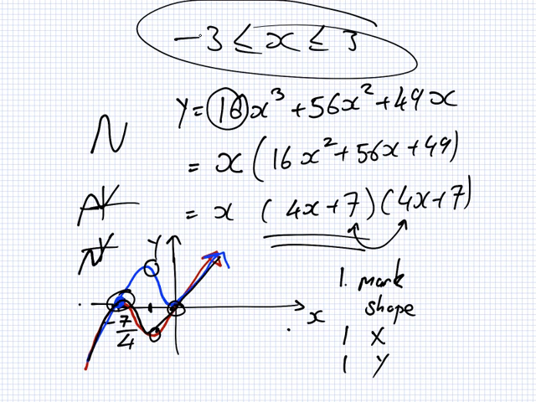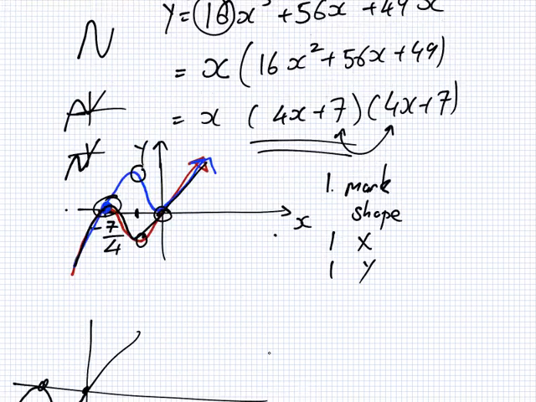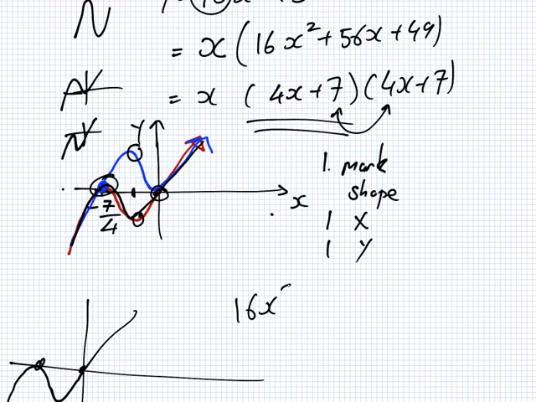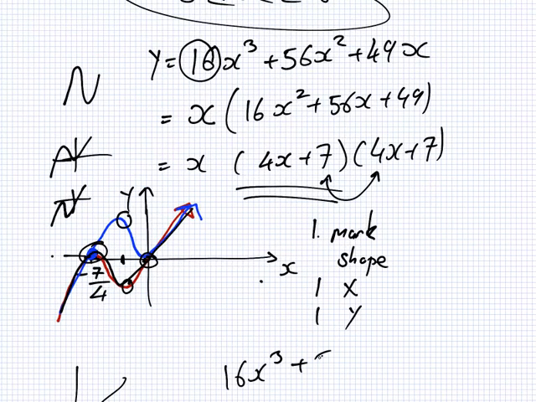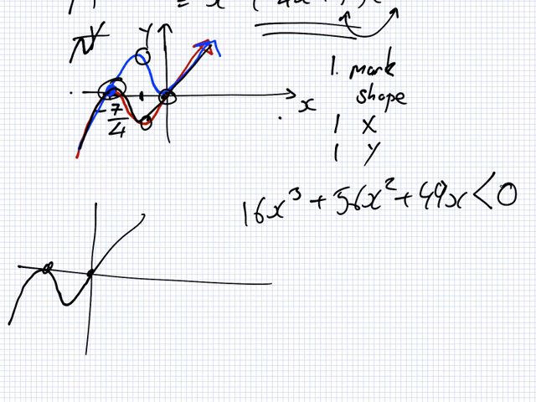Okay, I'll give you some of these to try now for a few minutes. Just before we do, just one last thing with this one here. Let me just change this question a tiny bit: 16x cubed plus 56x squared plus 49x less than 0. Sometimes in the exam they might ask you part A, make a graph, and then part B, answer this question.